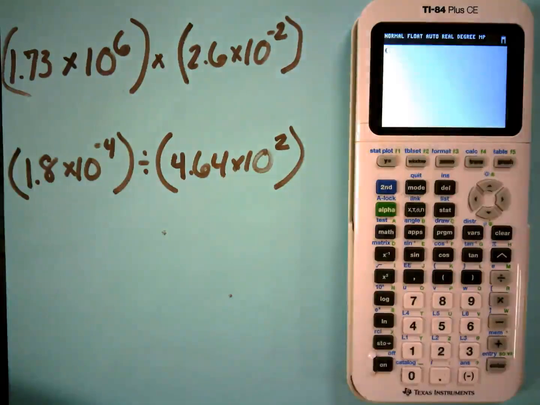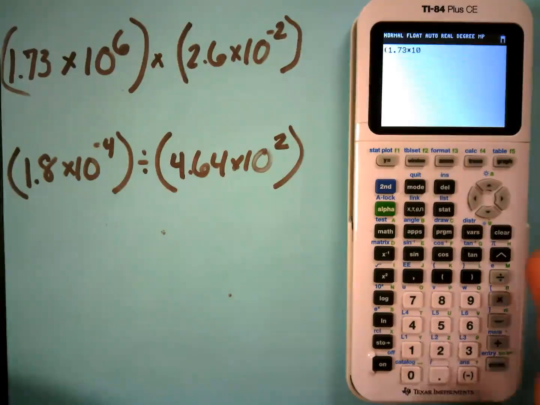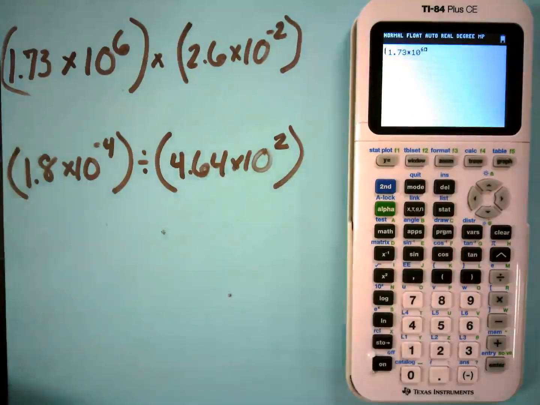So I'm going to put in parentheses 1.73 times 10, and then this is where it differs. On my calculator, to make an exponent, I have to hit this little up arrow key. Now it's in a superscript, and then I put in what I want, so I just have 6.